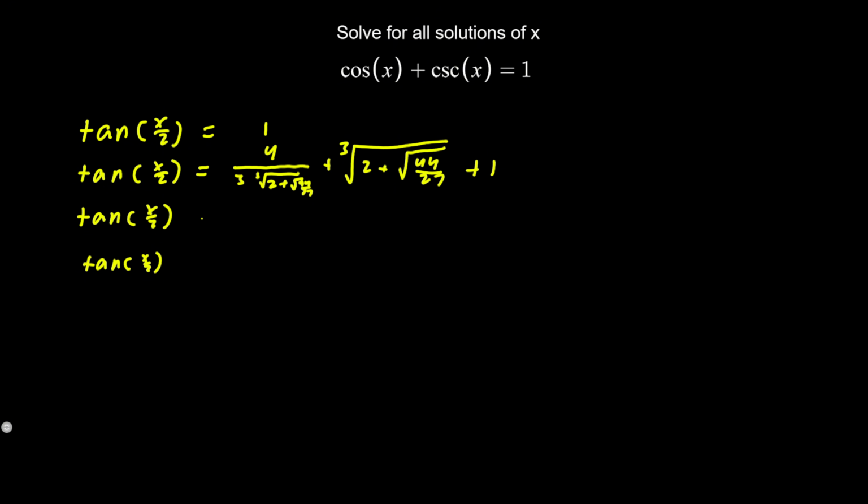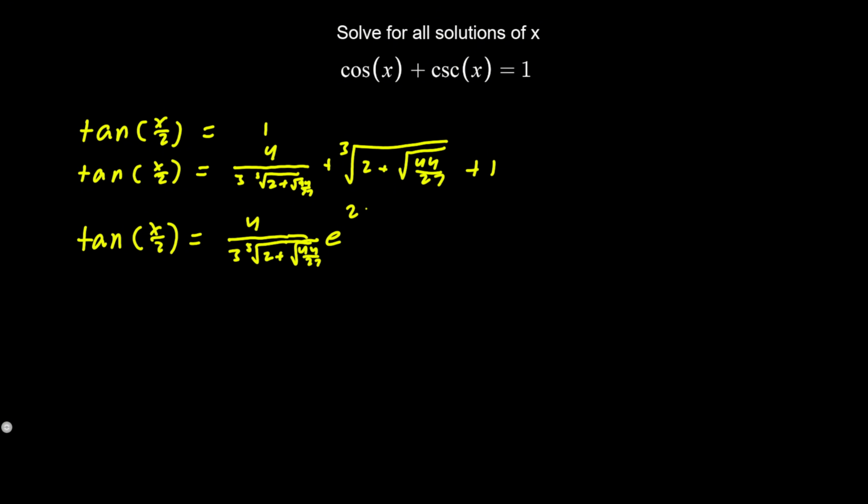And let me just move these down a little bit. Tan of x over 2 is equal to the cube root of 2 plus the square root of 44 over 27 times e to the 2 pi i over 3, plus the cube root of 2 minus the square root of 44 over 27 times e to the negative 2 pi i over 3, plus 1.